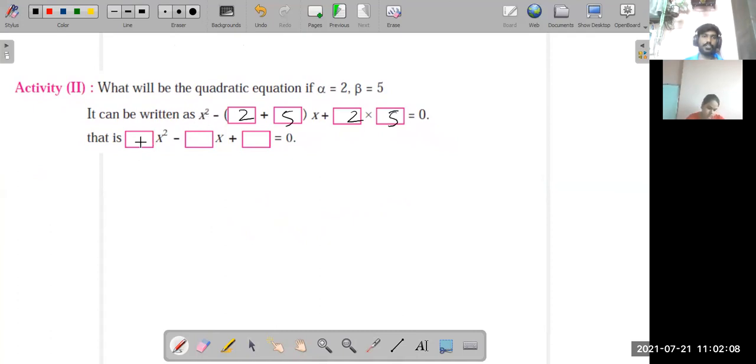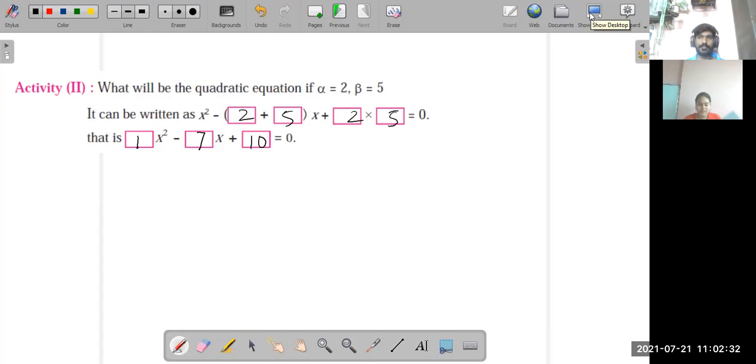Here the coefficient of x square is 1. 2 plus 5 is 7. Here 7. And in the last box, 10.